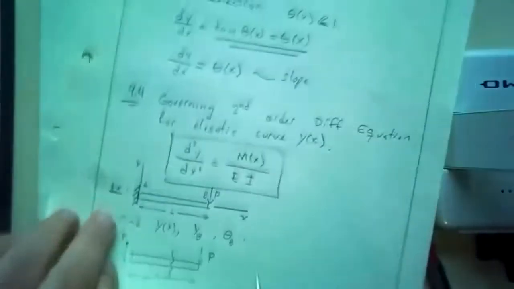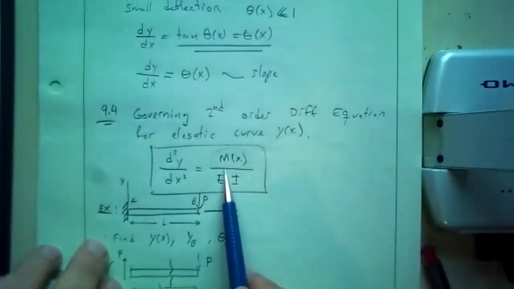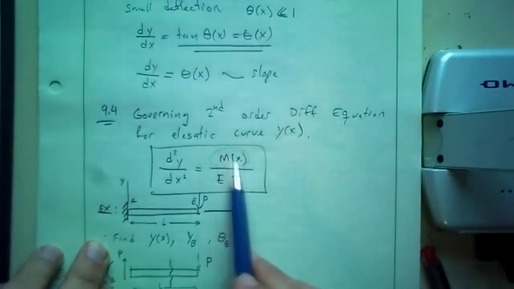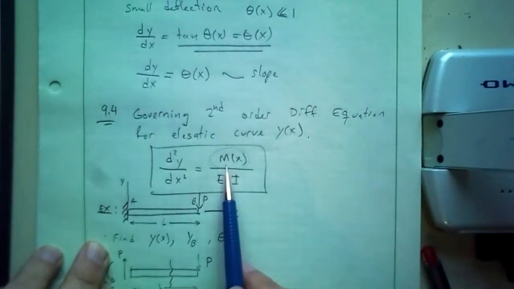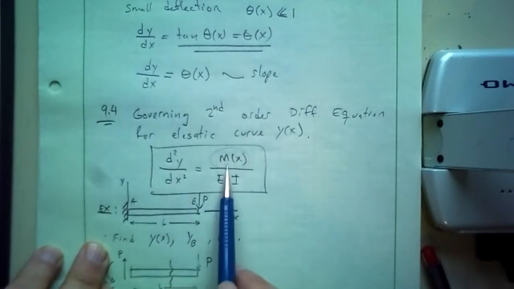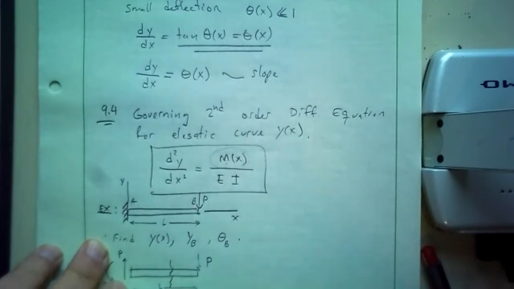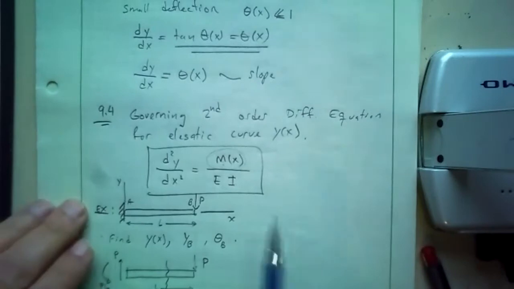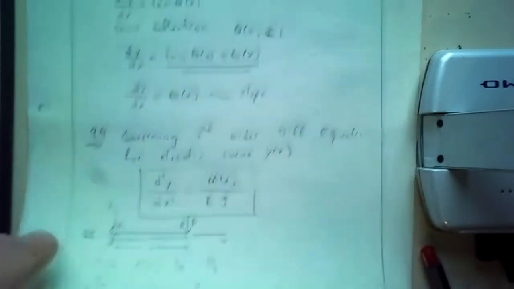As long as you have the moment that describes the internal moment as a function of x, loading is irrelevant. The loading defines this internal moment. Whatever loading you have, you can find the deflection.